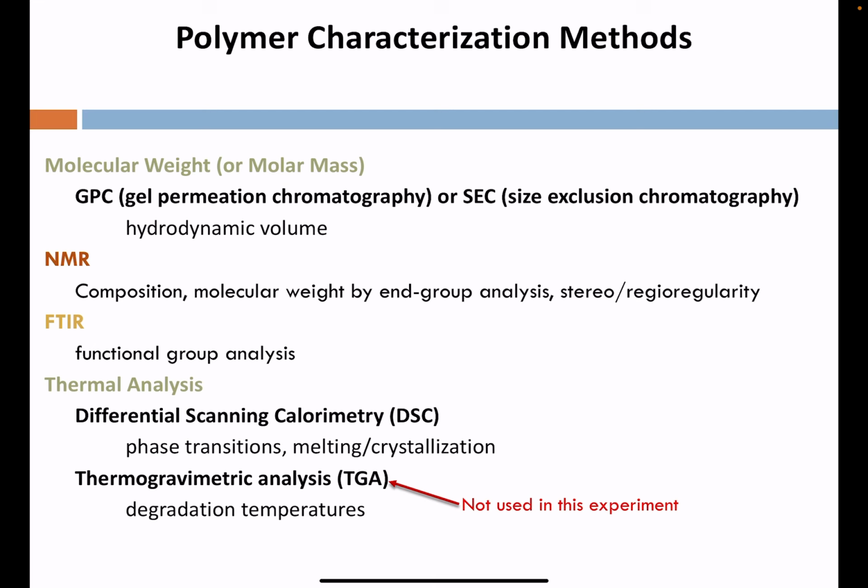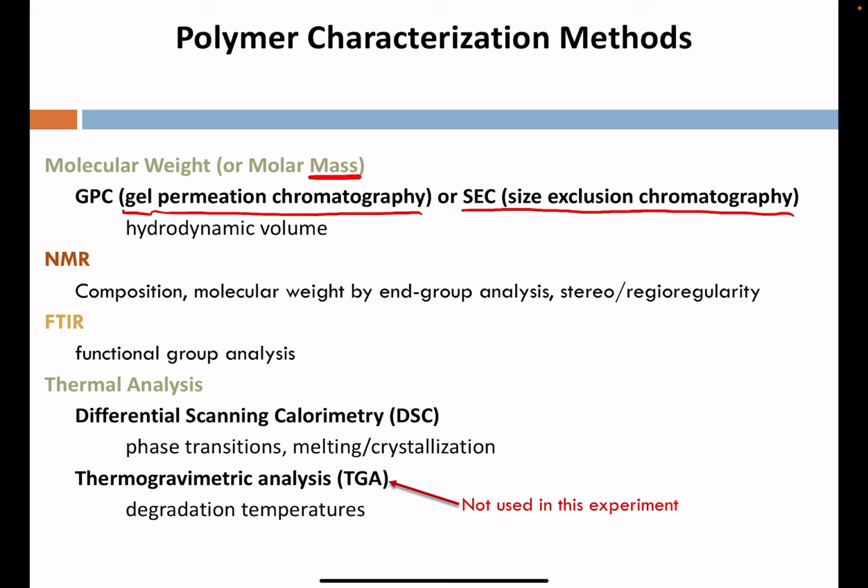So, as far as the general characterization methods that can be used on polymers, we have to address various characteristics like molecular weight, composition, and chemical functional groups, as well as thermal properties. So we turn to gel permeation chromatography, also known as size exclusion chromatography, to address molecular weight or molar mass.